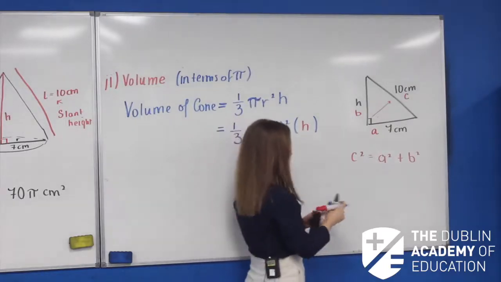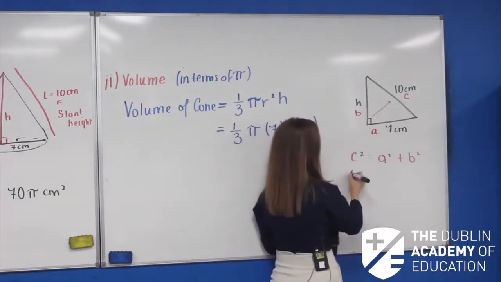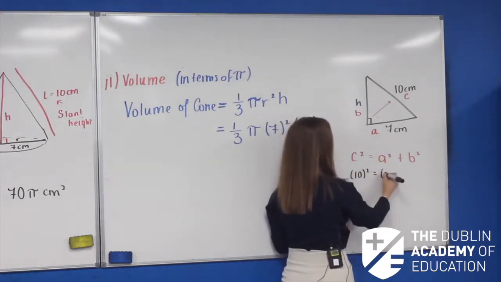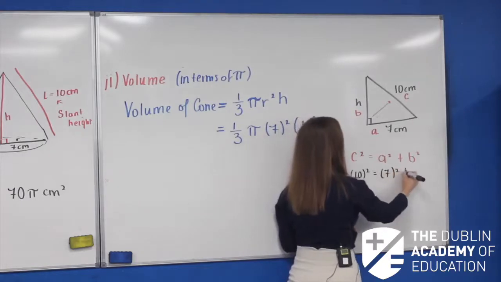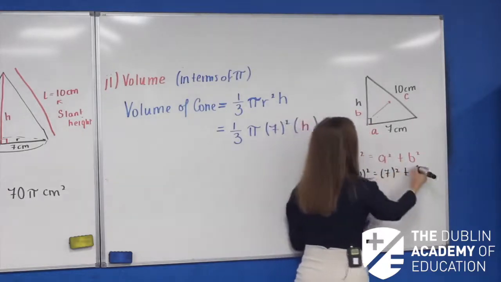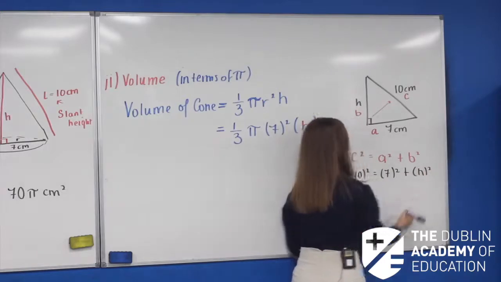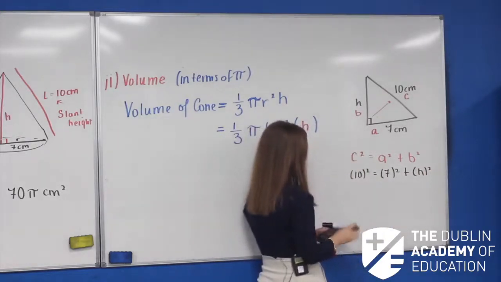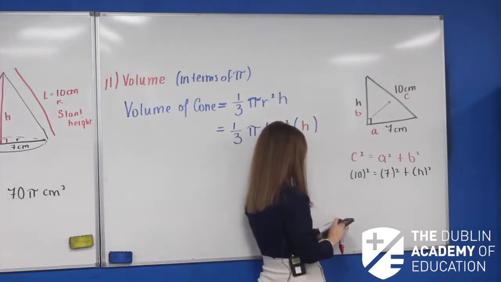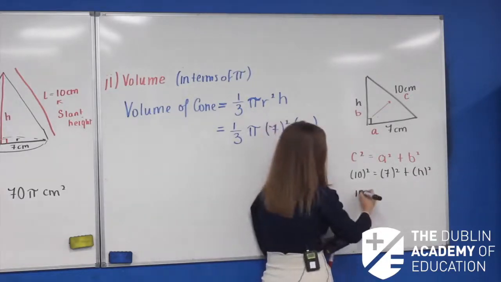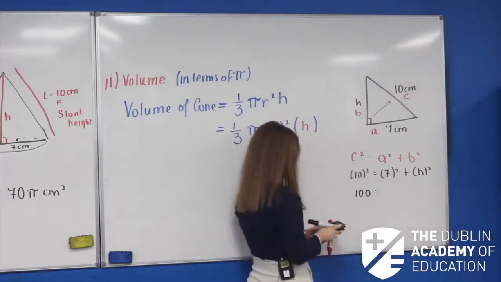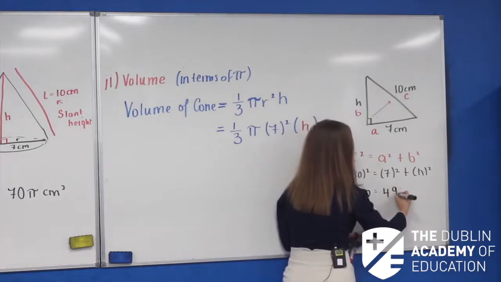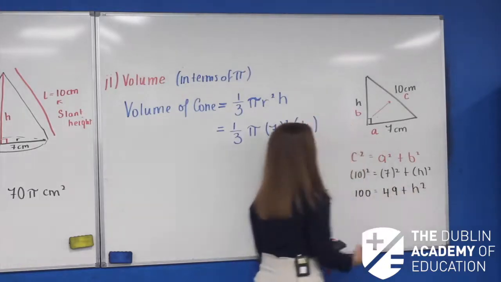I'm going to fill it straight in. Here, C is going to be 10 squared equals A, which is 7 squared, plus B, which is h squared. Now, here what I'm going to do is I'm going to have 10 squared, which is going to give me 100, equals 7 squared, which is going to give me 49, plus h squared.